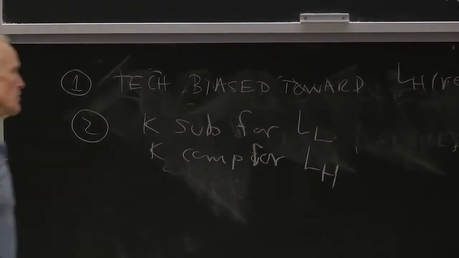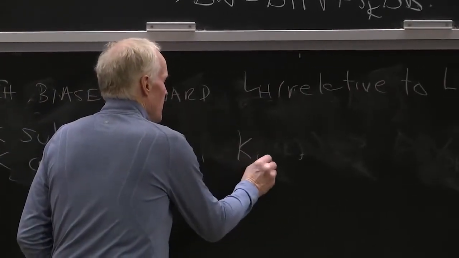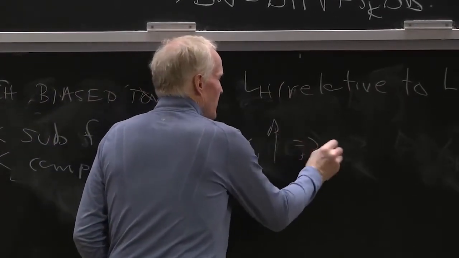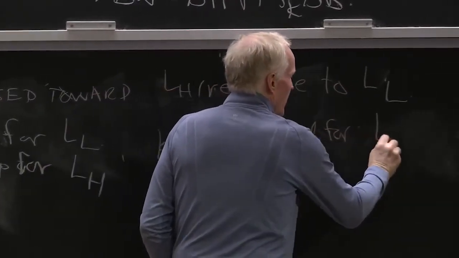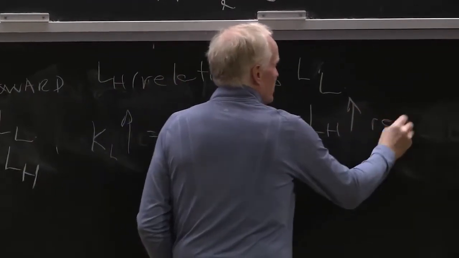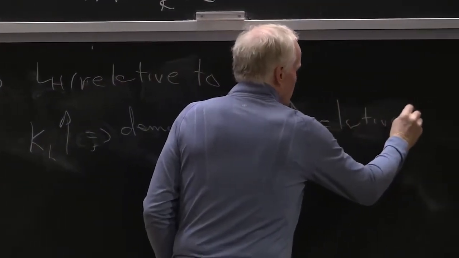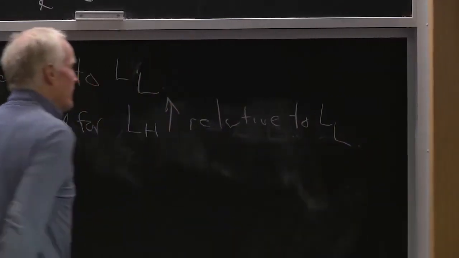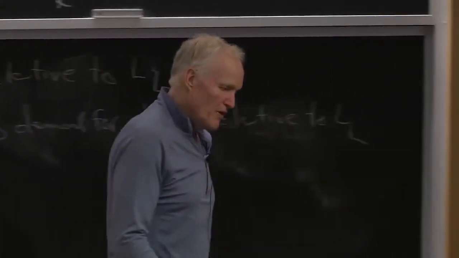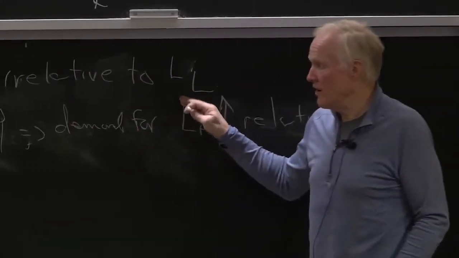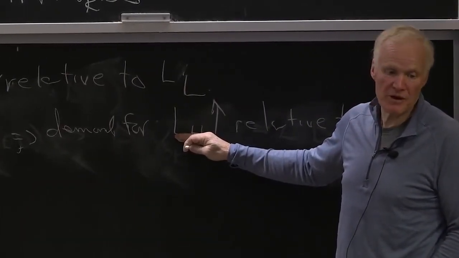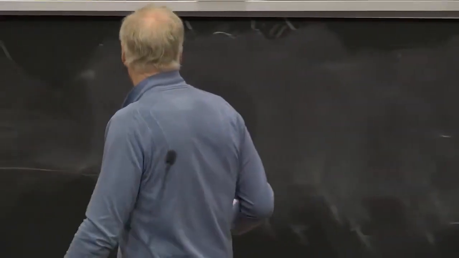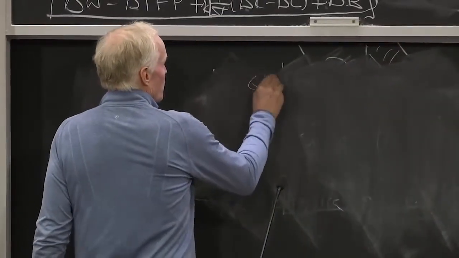All right, so K over L goes up, demand for LH up relative to LL. And technology has that same effect. So both of these forces are pushing up the return to high skilled labor relative to low skilled labor. I wanted to make a table, and I wanted to think about growth.